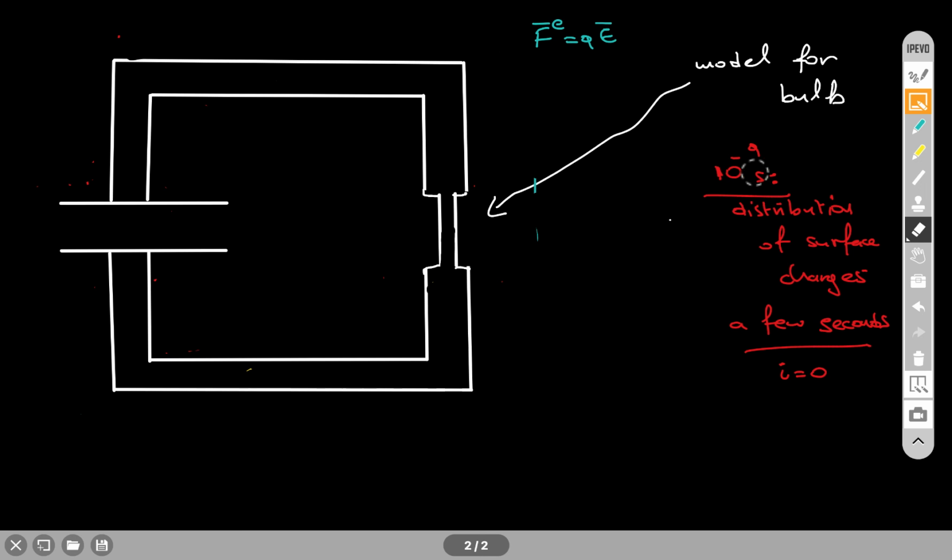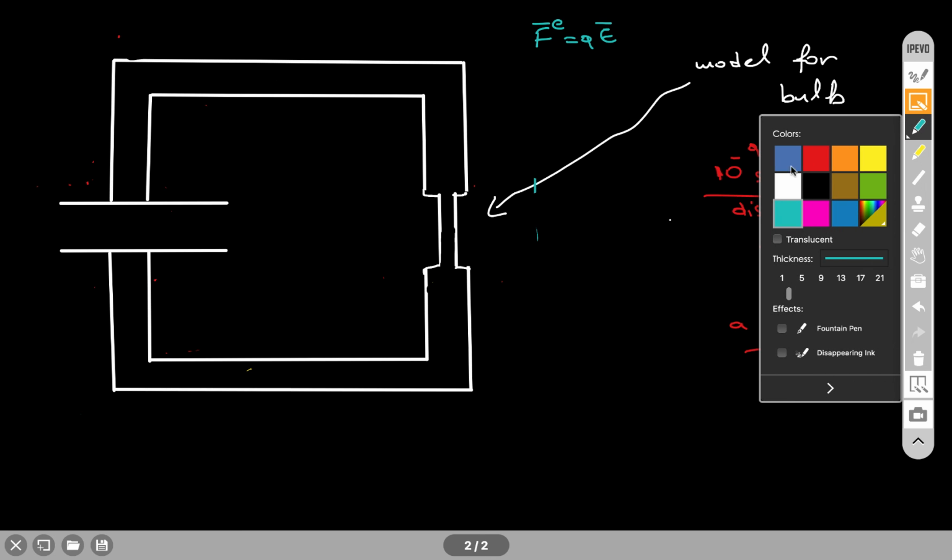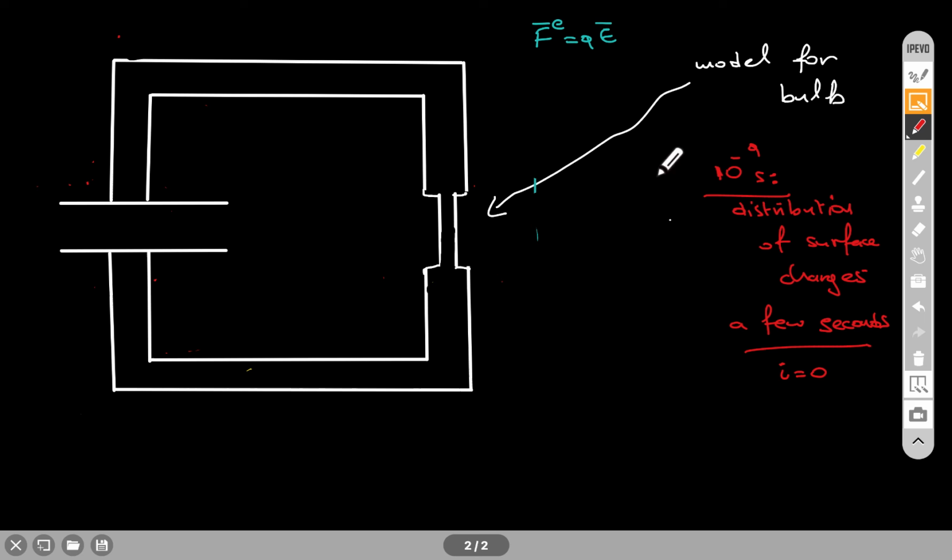But at the end of the day, the important thing to remember is that there are two time scales: nanoseconds, certainly nanoseconds for the distribution of the surface charges to give you that current, and a few seconds, a few minutes, and so on until you get the current to be exactly 0.